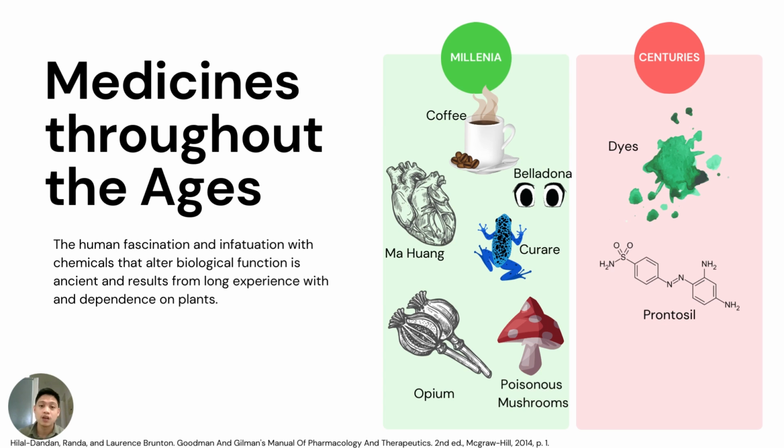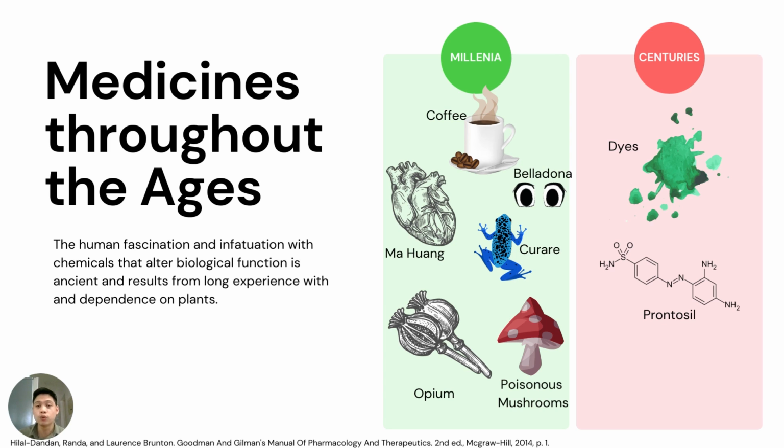Belladonna, you have here a picture of dilated eyes. It was used by ballerinas around 1700s, 1800s because it would cause these women to be more beautiful because of pupillary dilation or mydriasis.